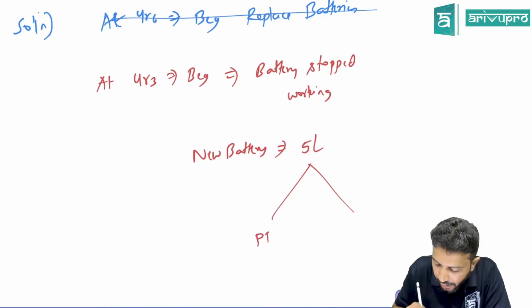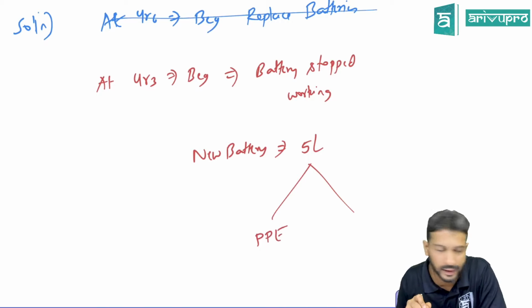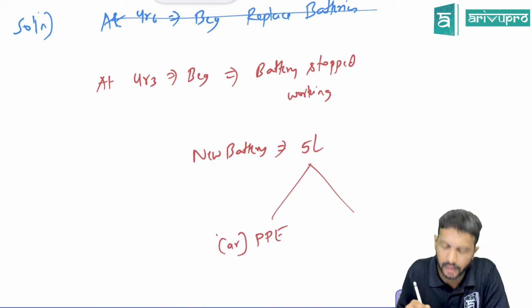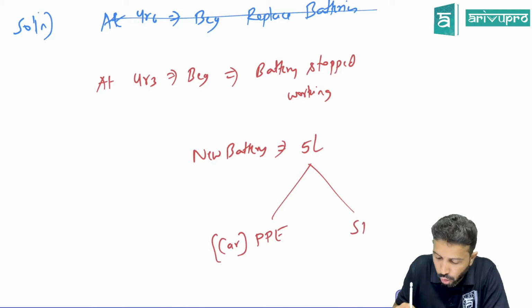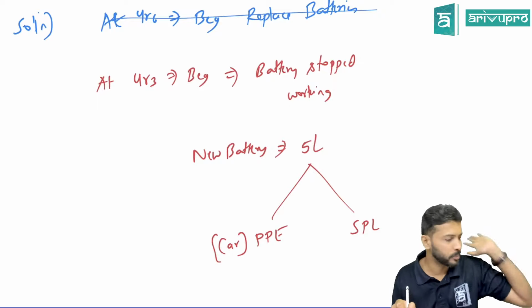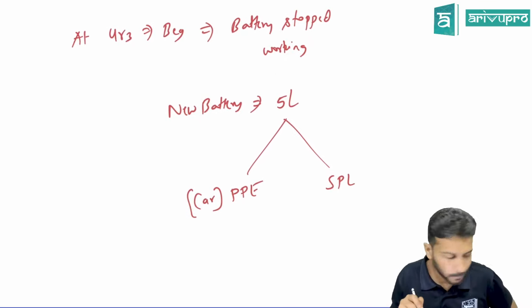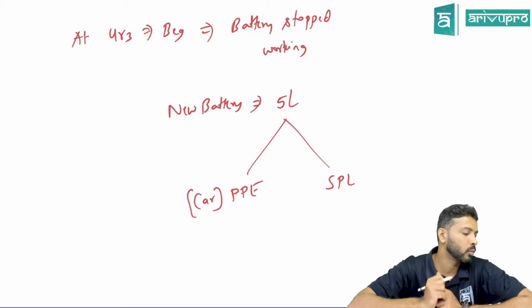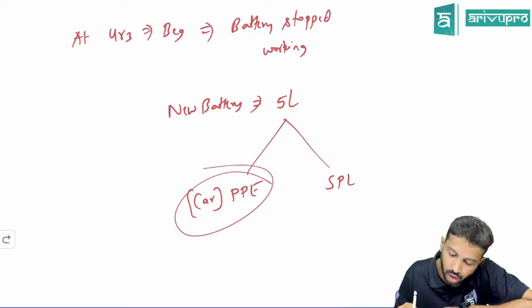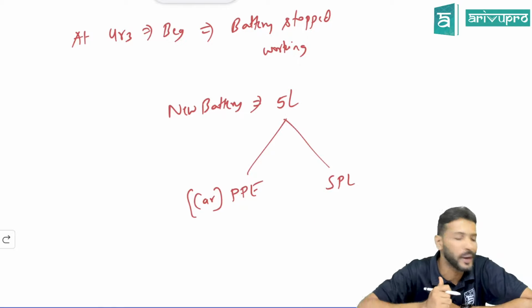Should it be added to the cost of property, plant and equipment, meaning the car, or should it go to profit or loss? I'll call it SPL, statement of P&L. Tell me which one. Is it PPE or SPL? Which option would you choose? Add it to the cost of the car or transfer this expenditure to P&L account?